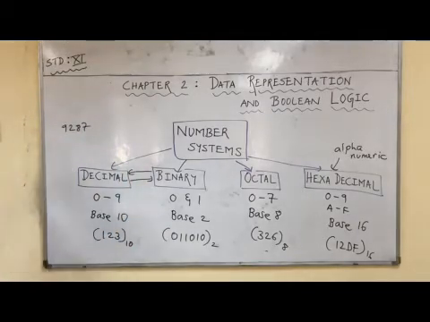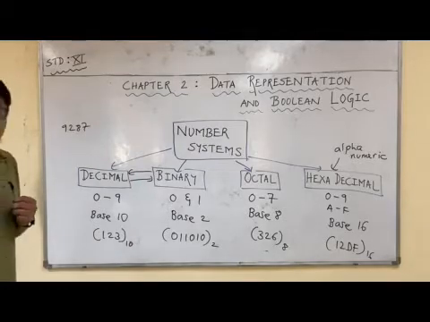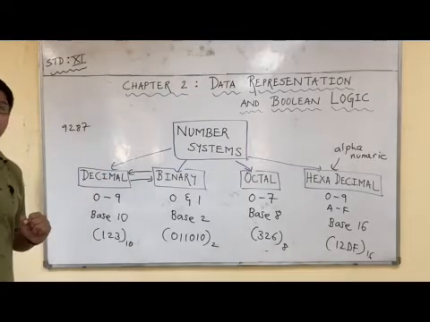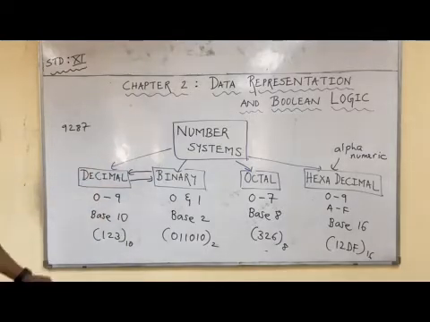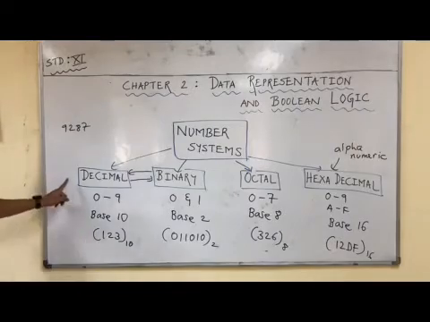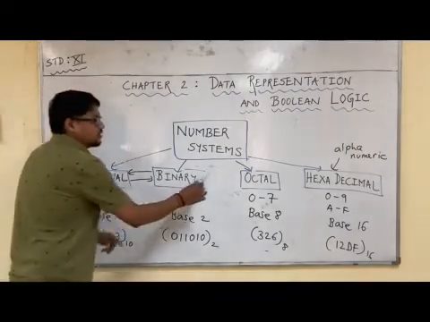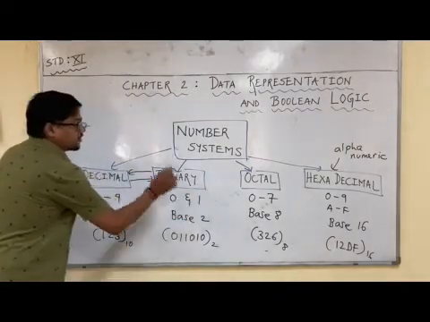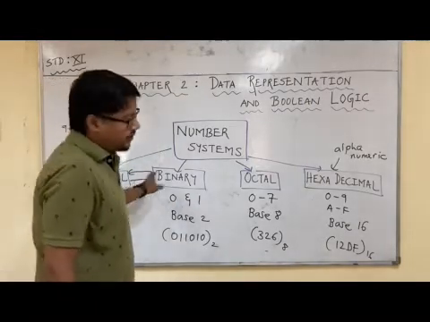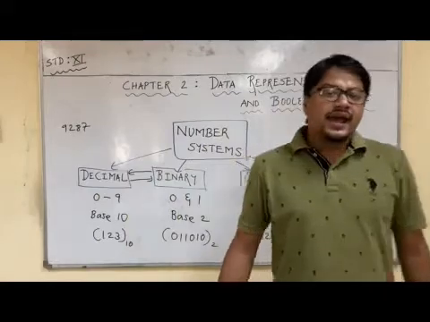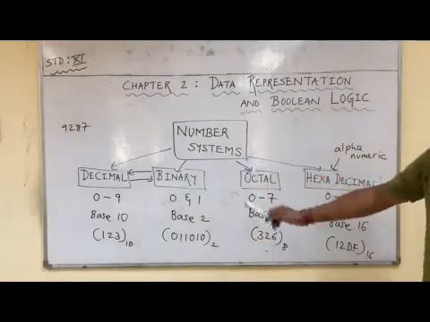If you remember lower classes, maybe 8th or 7th standard, we already did small numericals on conversion of decimal to binary, binary to decimal. So I think it will be double easy for you because this is almost revision. Again we will learn to convert from decimal to octal, octal to decimal, correct? And the same way we will convert between decimal to hexadecimal and back from hexadecimal to decimal.